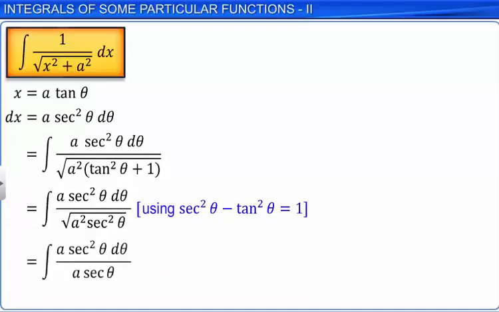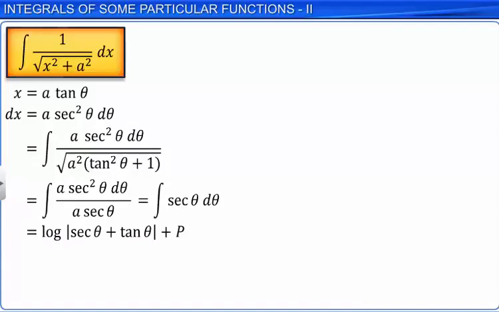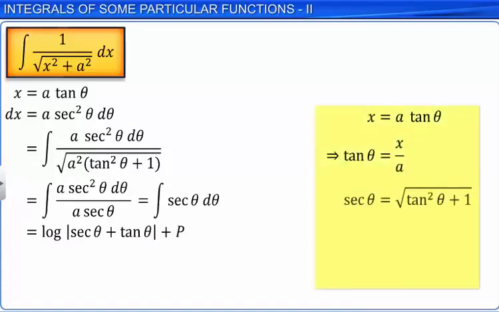On cancelling the common factors, we get the integrand as secant theta. The integral of secant theta d theta is log of secant theta plus tan theta plus the constant p. Now, we find the values of secant theta and tan theta in terms of x as shown, and then substitute them in the expression.